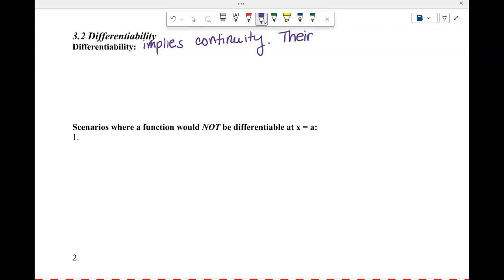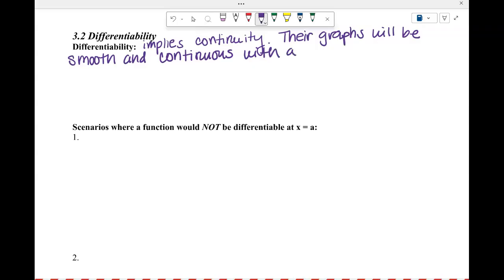Their graphs will be smooth and continuous, with a well-defined slope at each point.